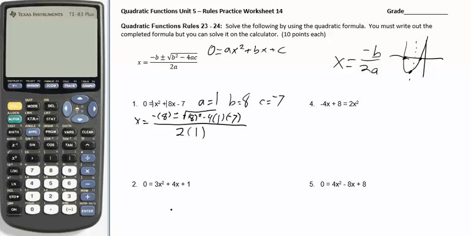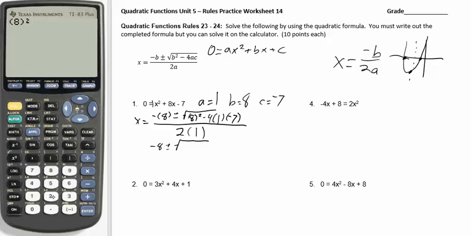All right, the next step is we're going to simplify these three parts here. So -8 plus and minus. Simplify this. I'm going to go ahead and use a calculator for that, depending on how good your arithmetic is. Thing you have to be careful of, though, is if this is negative, which it's not right now, but if this was negative, you'd really want to put it in those parentheses.